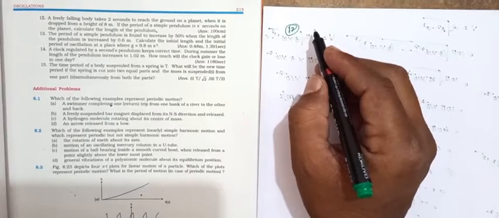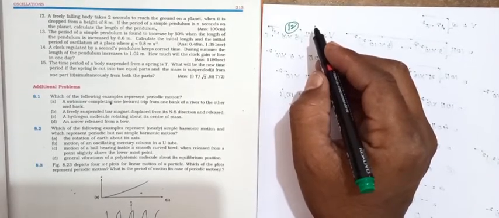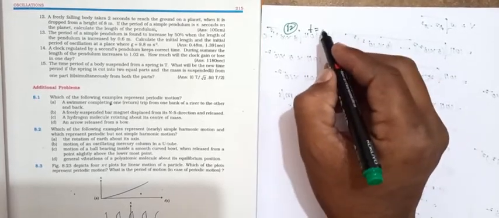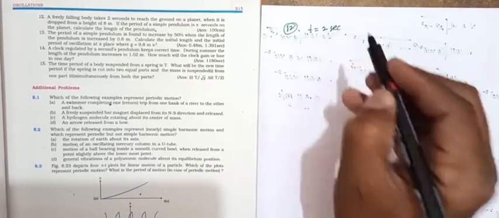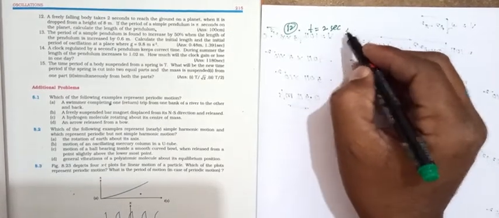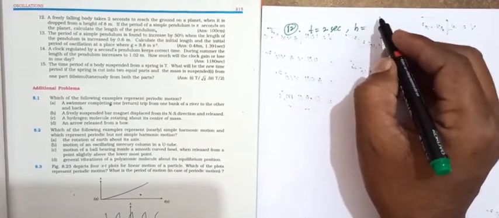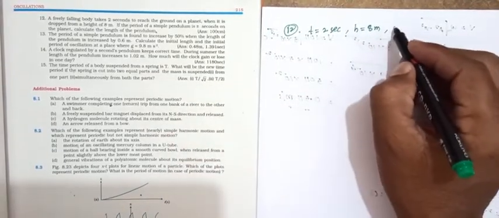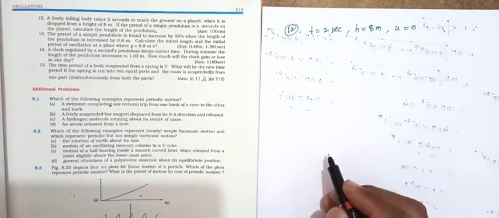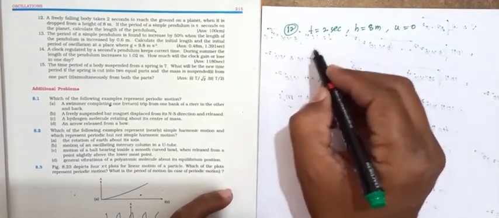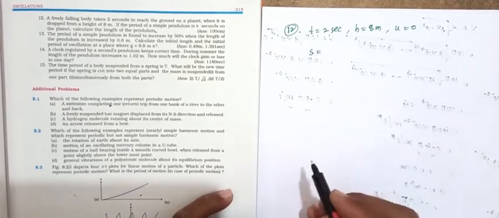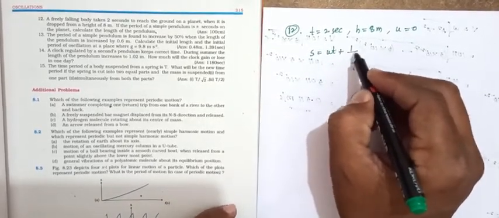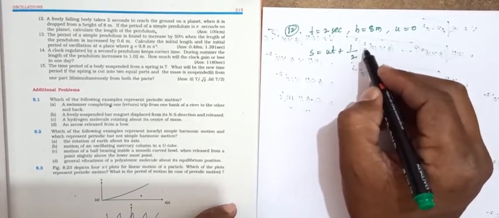So first of all, we can take the freely falling body. The time is given, t equals 2 seconds, and the height is h equals 8 meters. For a freely falling body the initial velocity is 0. We know the second kinematic equation, S equals ut plus 1 by 2 at square.